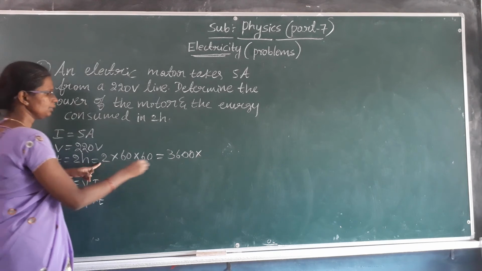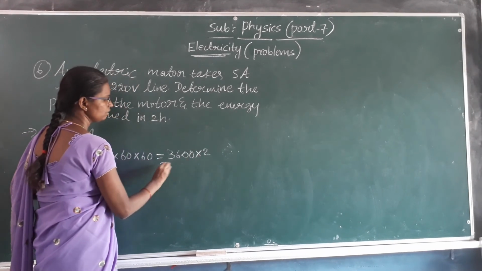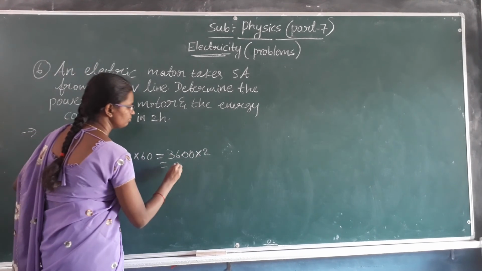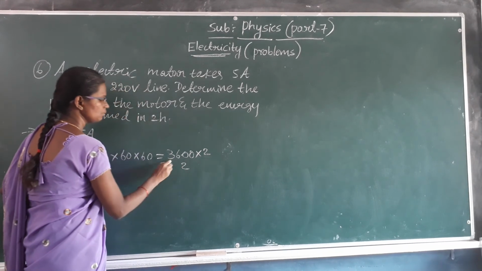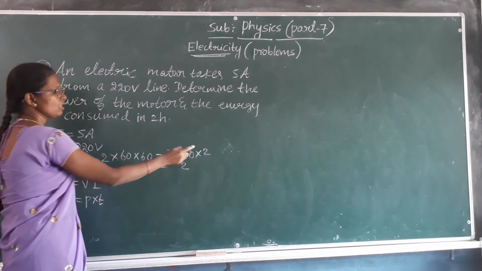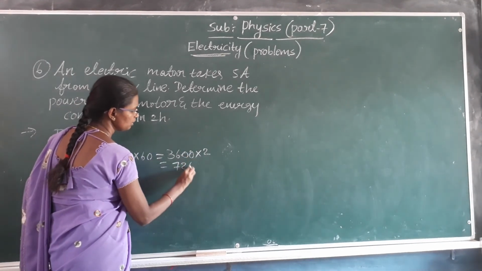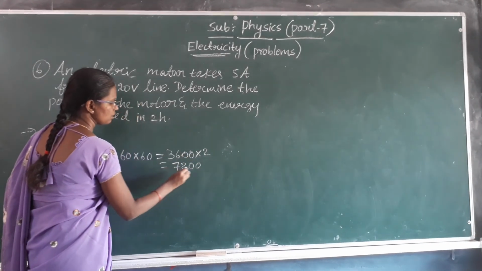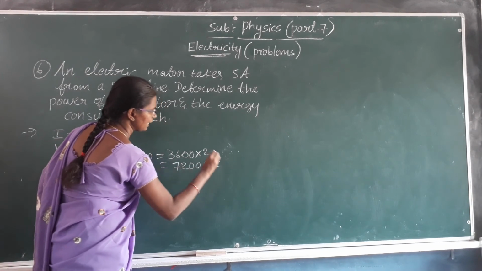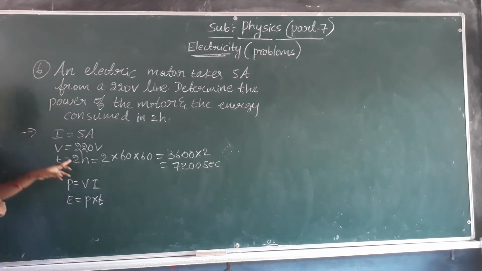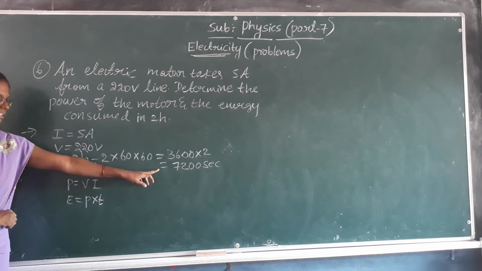So what remains here? 2 as it is. Multiply this by 2. 2 6 is 12, 2 here and 1 carry. 2 3 is 6, 6 plus 1, 7. So how many zeros here? 2 zeros. So 7200 seconds. So we converted 2 hours in terms of seconds.